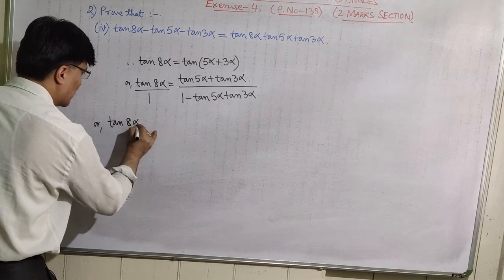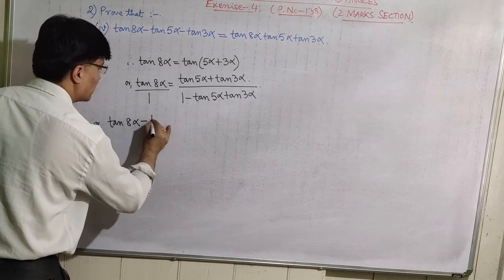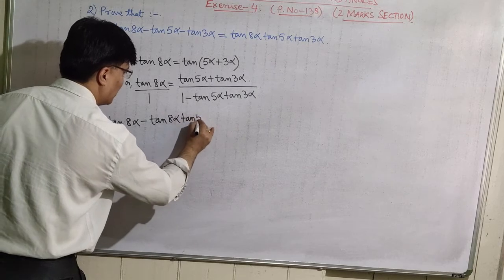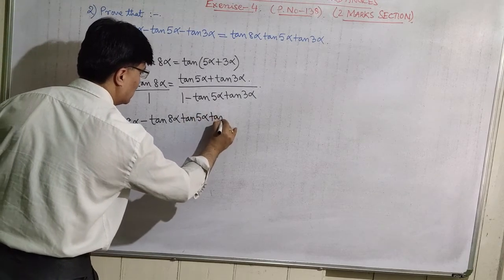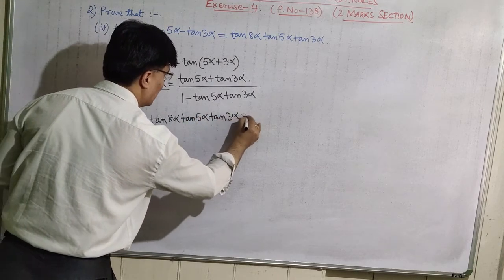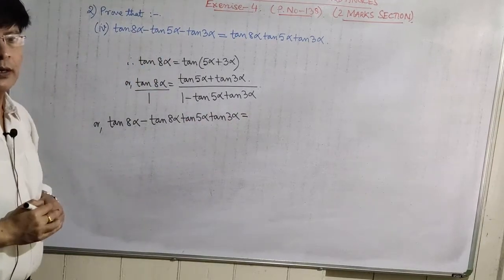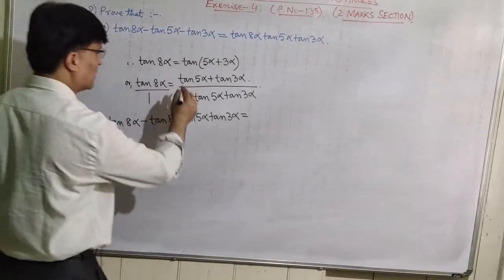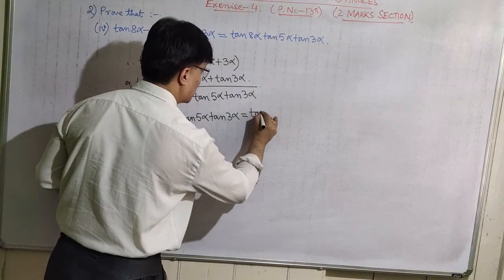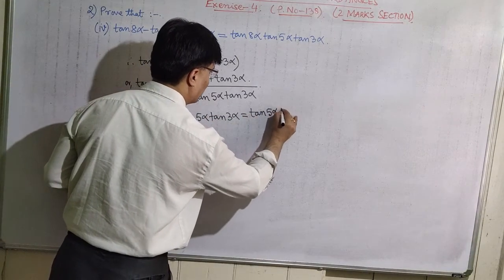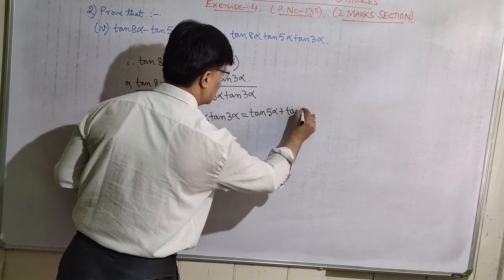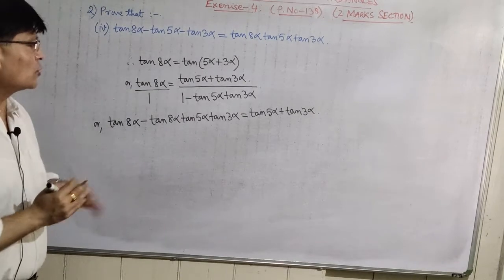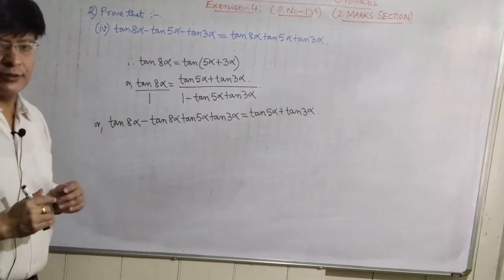Tan 8 alpha into 1, tan 8 alpha, minus tan 8 alpha into tan 5 alpha into tan 3 alpha, which is equal to, now on the right hand side, what do we write? 1 is multiplied by tan 5 alpha plus tan 3 alpha. Is that clear? So now we can exchange the terms.